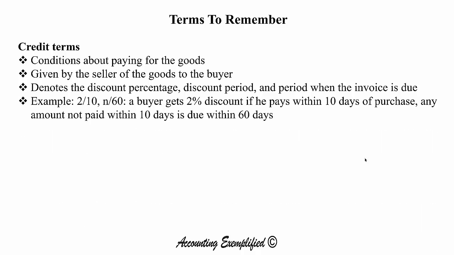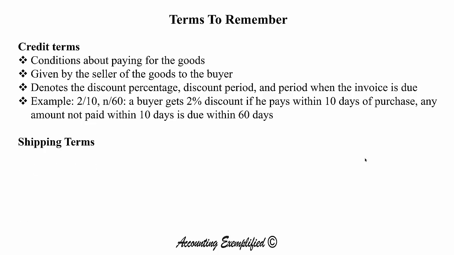Example, 2/10 n/60. What it means is the buyer gets a 2% discount on the cost of the inventory if he pays within 10 days of the purchase. And n/60 means any amount not paid within 10 days is due within 60 days of the purchase.